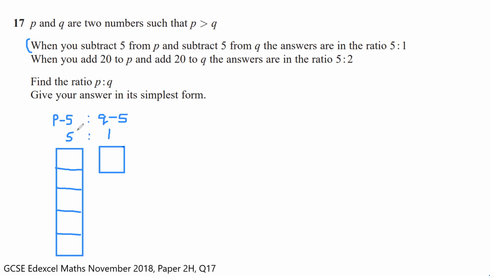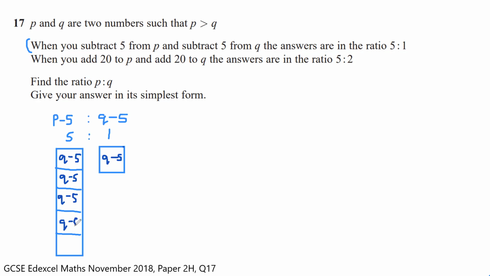Okay, let's look at this now then. We know that this box here is equal to Q minus 5. That therefore means that every other box in this ratio setup is also equal to Q minus 5. So each one of these boxes is Q minus 5.